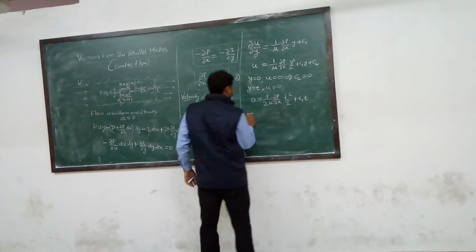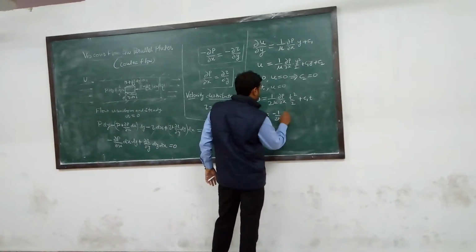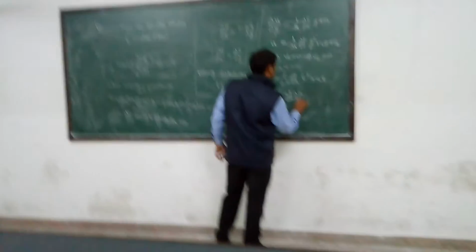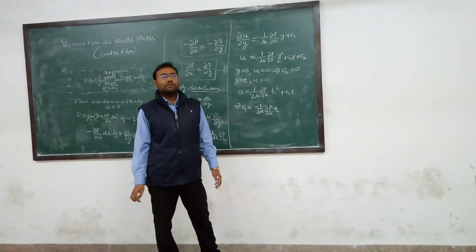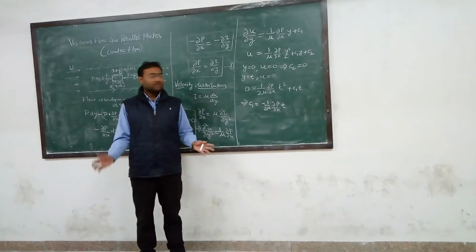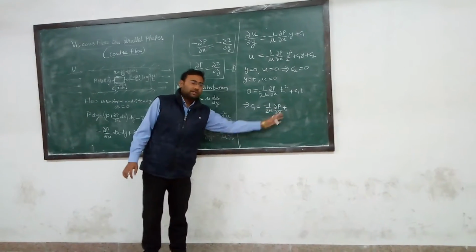So we get c1 is equal to minus 1 by 2 mu del p by del x into t. This is the value of C1. Clear? Yes, sir.